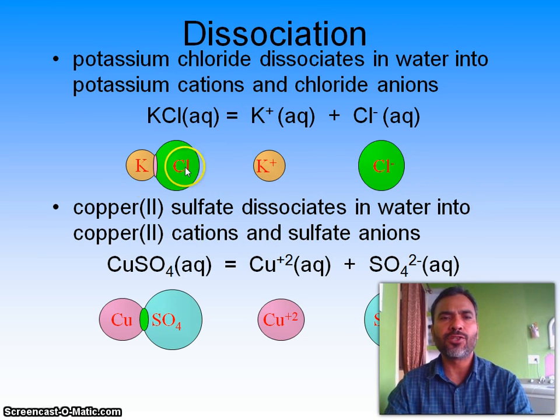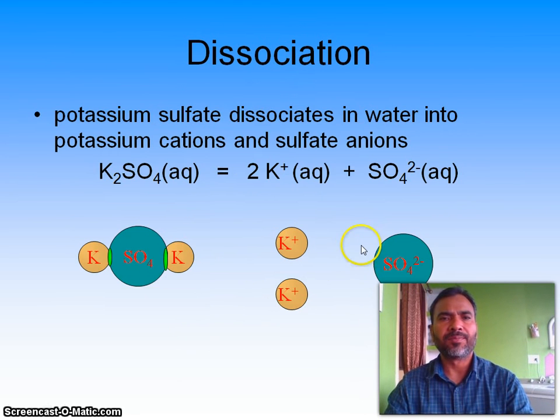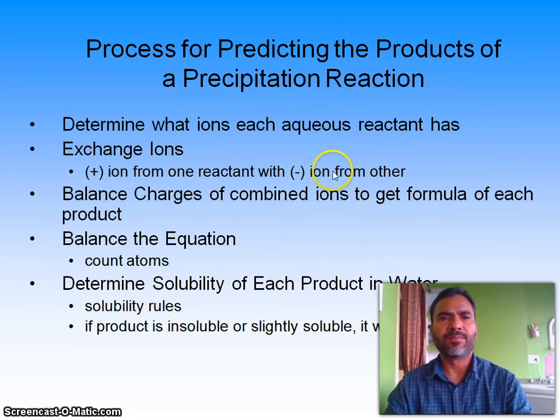Due to dissociation of KCl. Copper(II) sulfate dissociates in water into copper(II) cations and sulfate anions: CuSO4 aqueous, Cu2+ aqueous, sulfate 2 minus. Potassium sulfate dissociates in water into potassium cations and sulfate anion, a polyatomic ion: 2K plus aqueous and sulfate 2 minus.